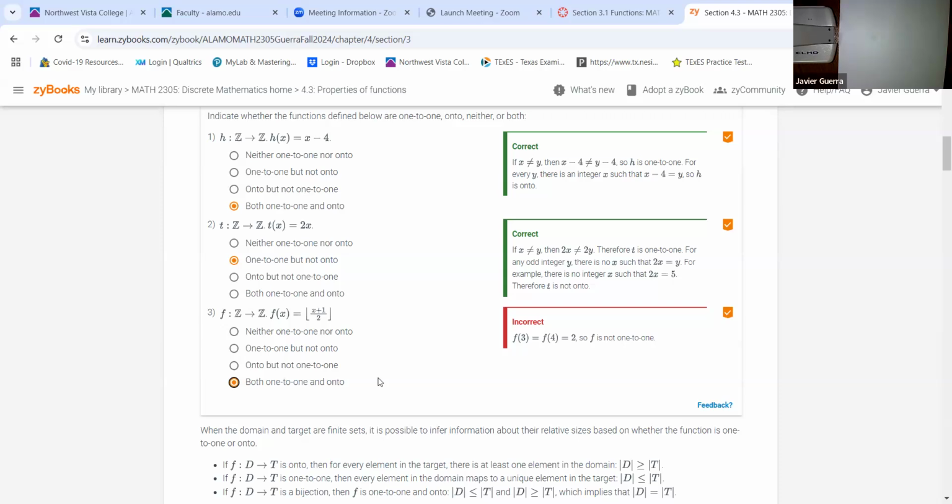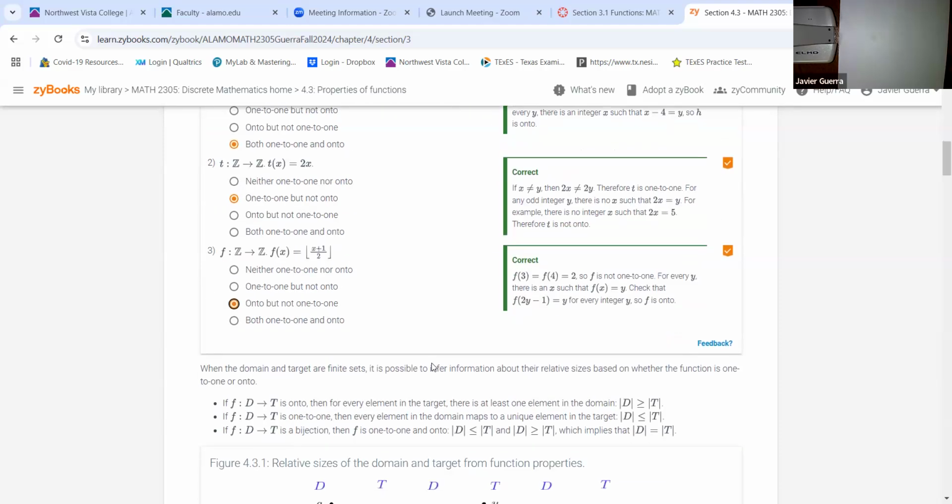But is it onto? Yes, it is onto. Eventually, if you do all the integers for x, you should get all integers for y. Okay, cool. All right, cool, good to know.